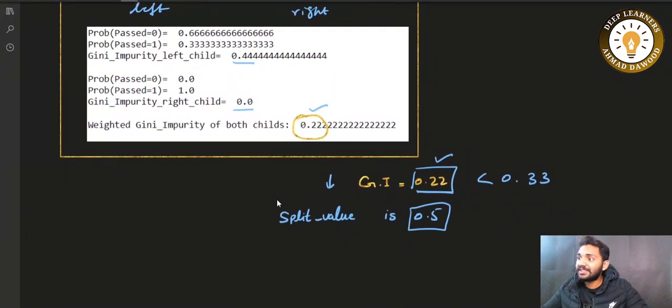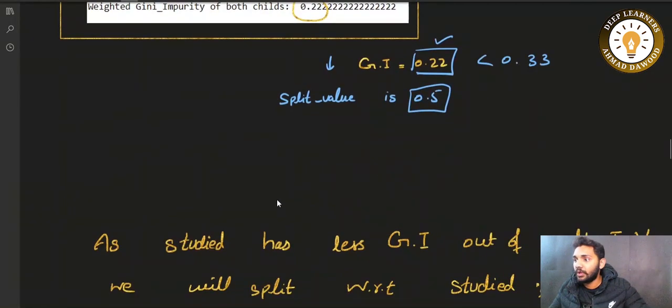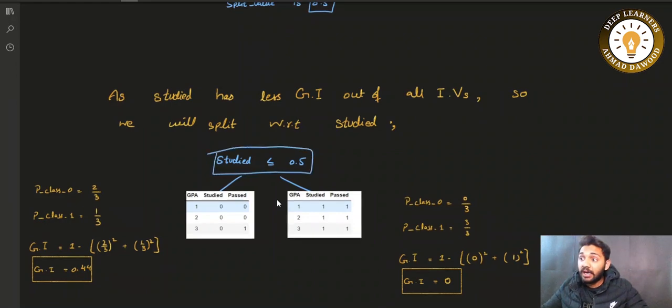So we select the studied column at split value 0.5 as our first rule, our root node. As studied has the least Gini impurity out of all independent variables, we split with respect to studied into two children, left and right.